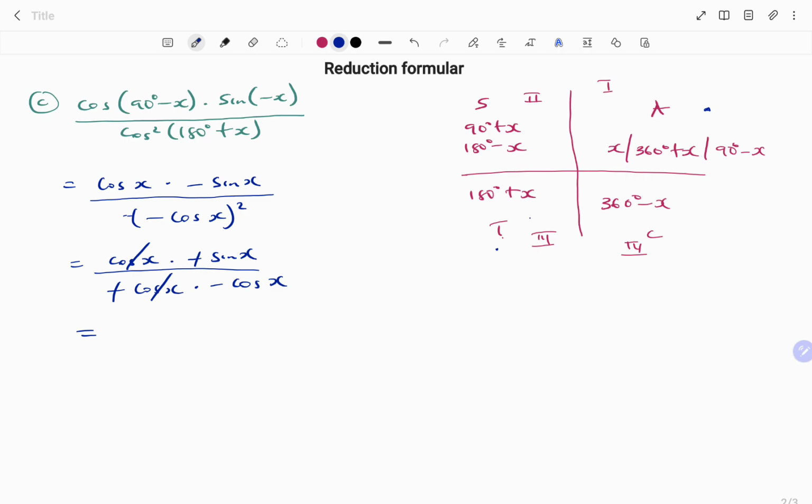We're left with cos x on the top and the bottom, and our final answer will be sin x over minus cos x. Our trig identity states that tan θ equals sin θ over cos θ. So changing that in our expression, this is also equal to minus tan x.